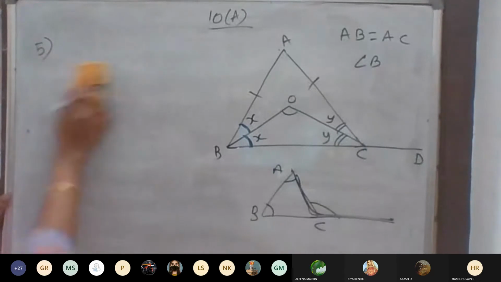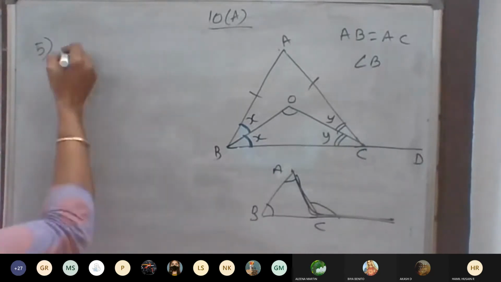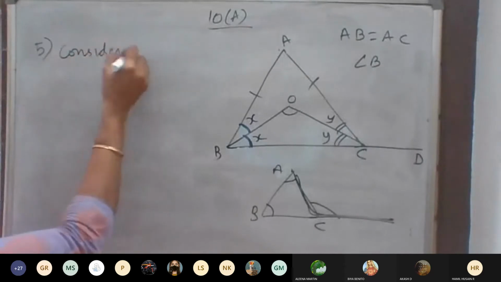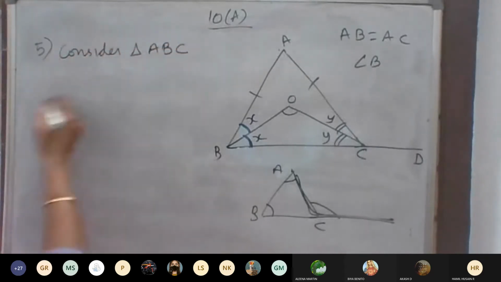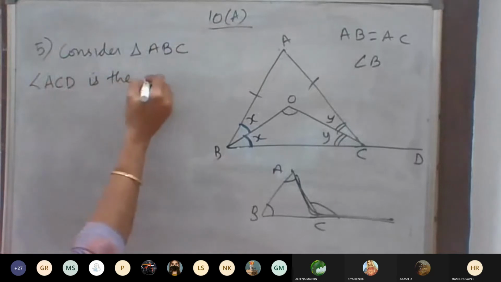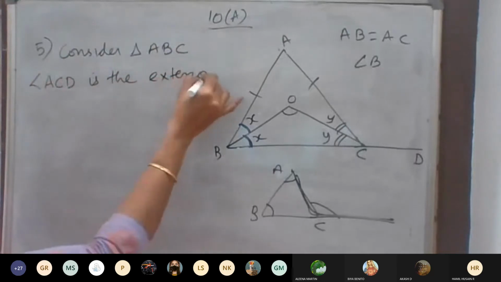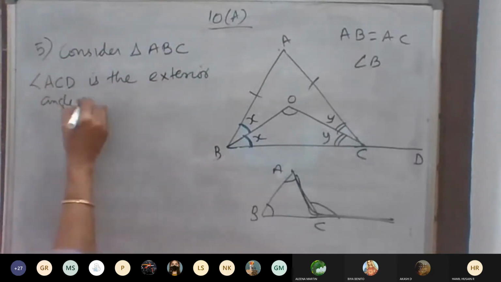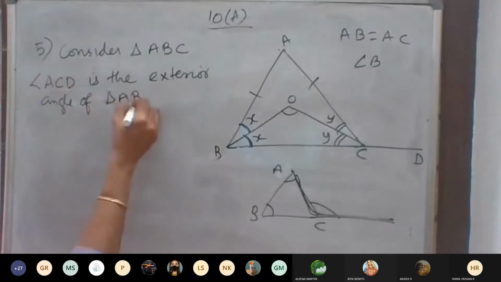So consider triangle ABC. Angle ACD is the exterior angle of triangle ABC.